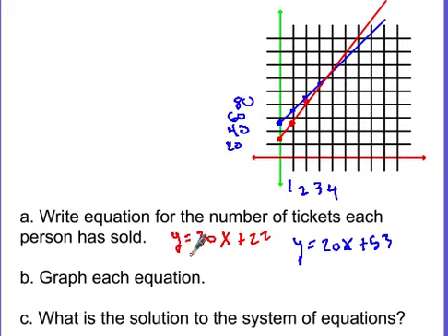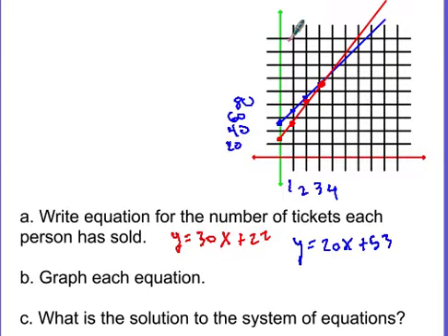How many days does it take for Will to catch up with Jen? This is 1 day, 2nd day, third day. It doesn't quite happen the 3rd day, but by the 4th day, he's way ahead of her. So sometime around that 3rd day is when he catches up.